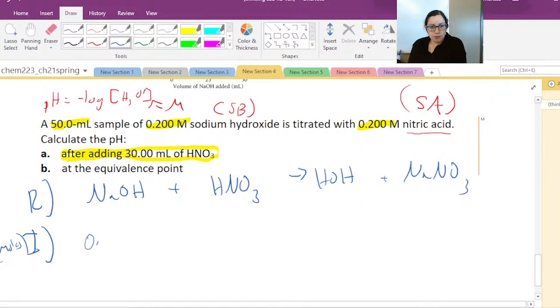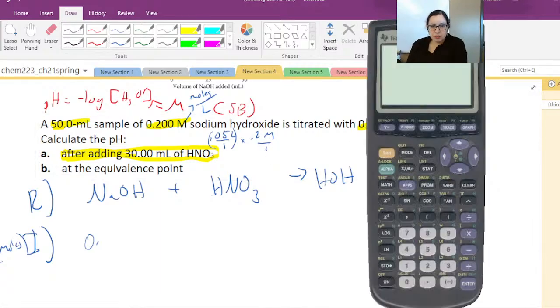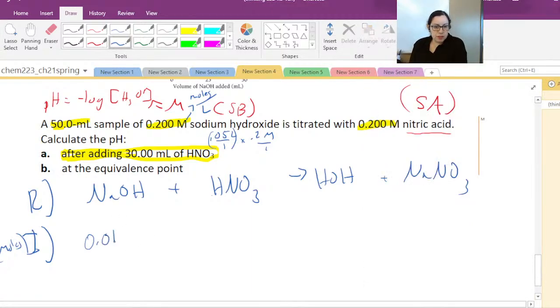Clear those cobwebs: molarity is just moles over liters. So we have a 50 mL sample. Convert that to liters, so 0.05 liters times 0.2 to get moles. So now we should have 0.01 moles of NaOH.